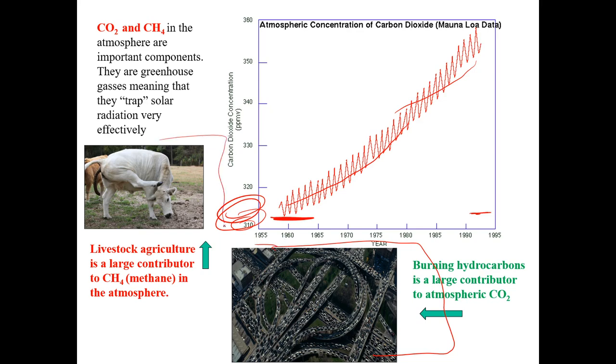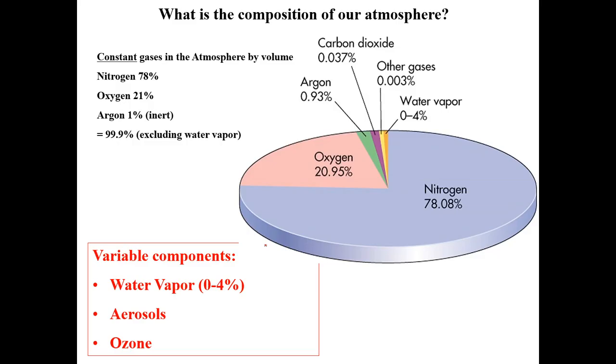Livestock can also contribute to methane, which is not as common but also a powerful greenhouse gas. I would say definitely a strong second in concern to CO2, which is quite a bit more abundant. CO2 is about 10 times more abundant than CH4 methane in our atmosphere. So we'll talk about greenhouse gases later in this lecture.